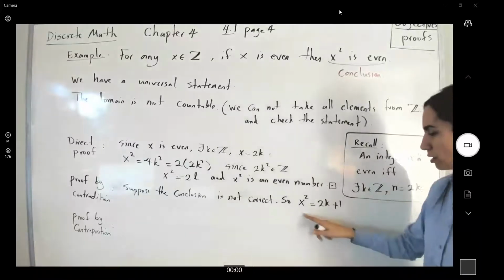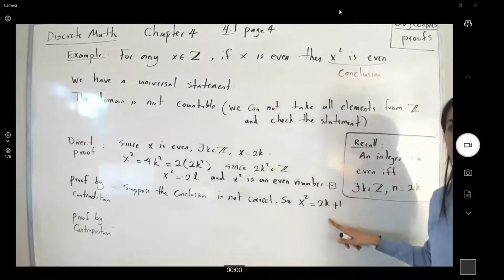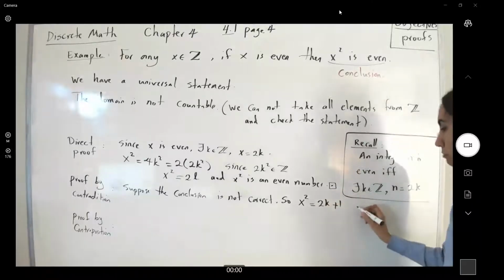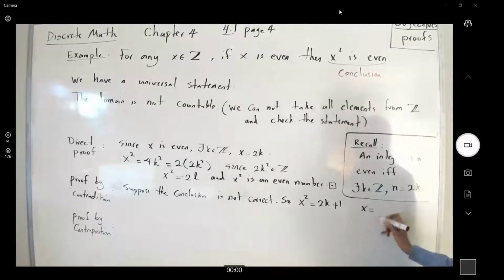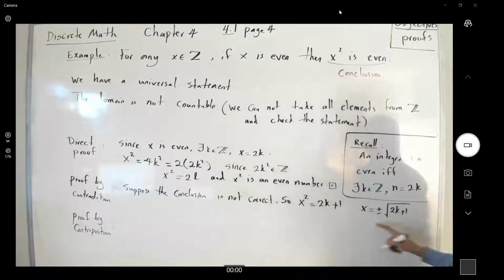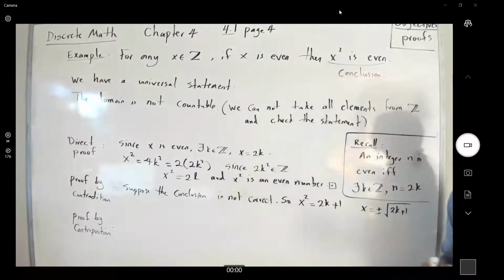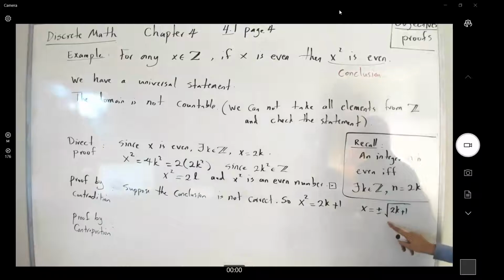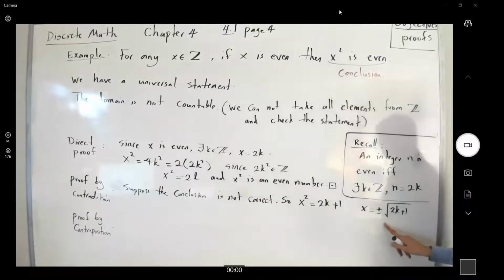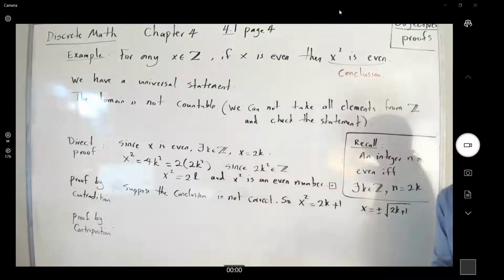So where can I go after this step? What is the next step? Suppose I get rid of exponent 2. Suppose I write x as plus minus square root of 2k plus 1. But this doesn't give me anything to work with. I have a square root, which might make this number an irrational number.